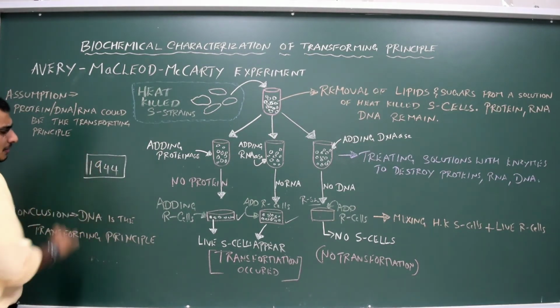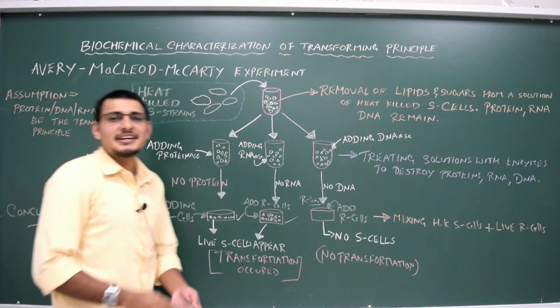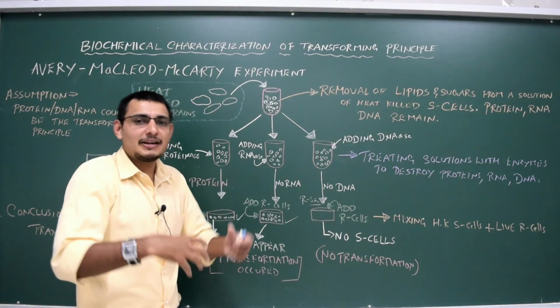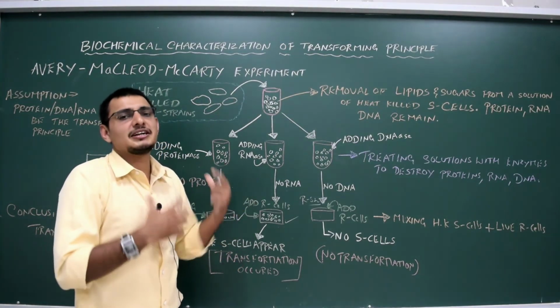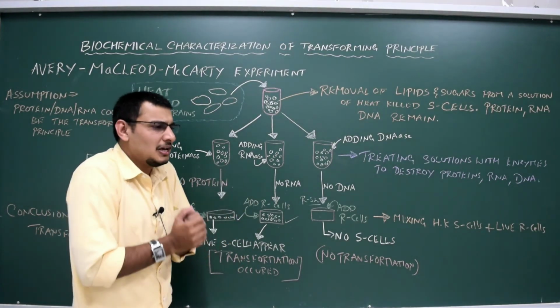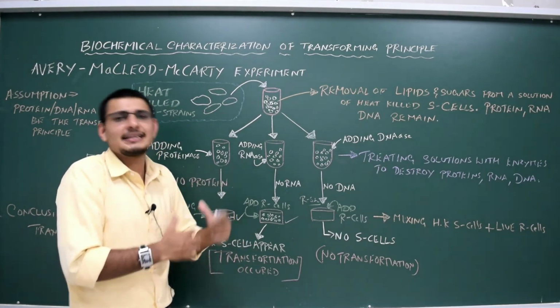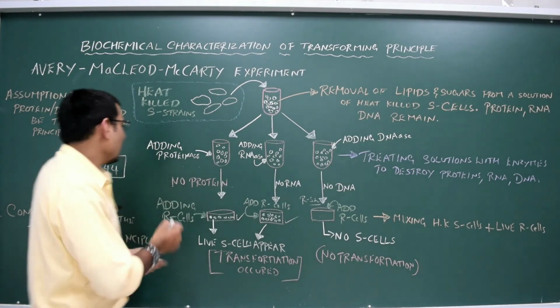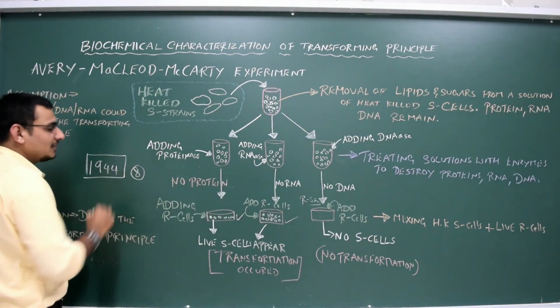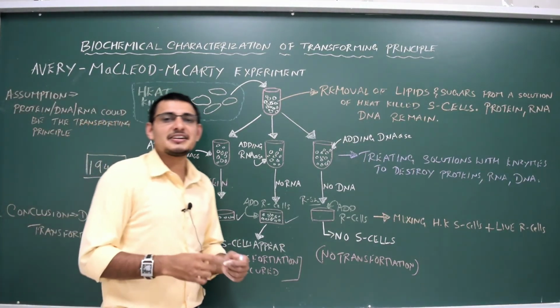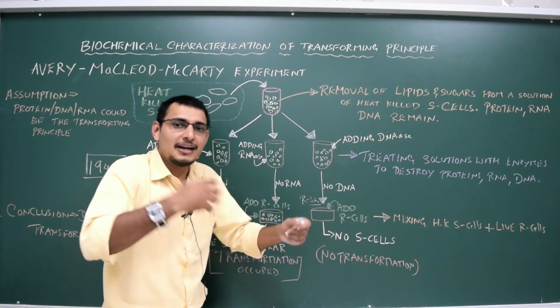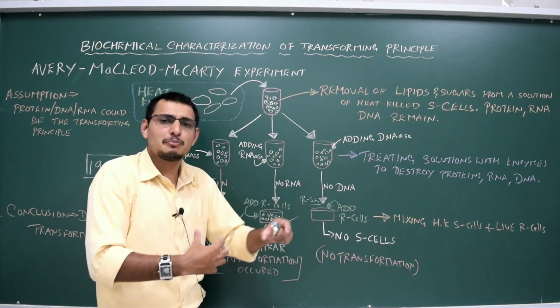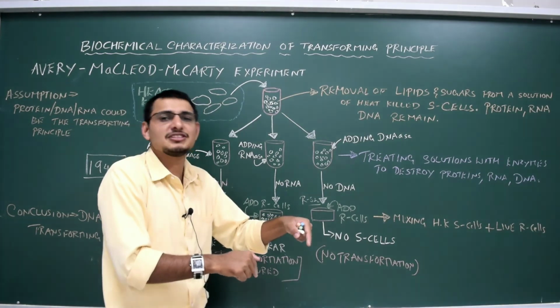But still the scientists did not believe that DNA is the genetic material. They were not convinced. So they had to wait for another 8 more years until Hershey and Chase conducted another experiment that gave the proof that DNA itself is the genetic material.